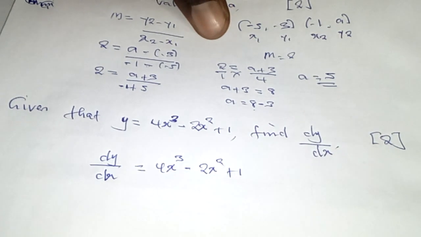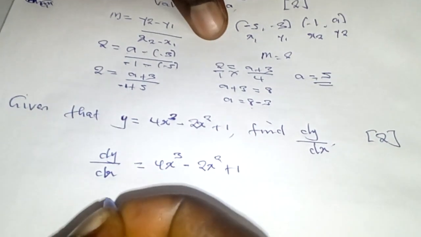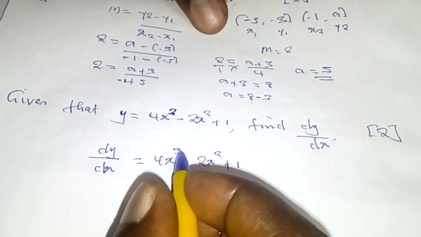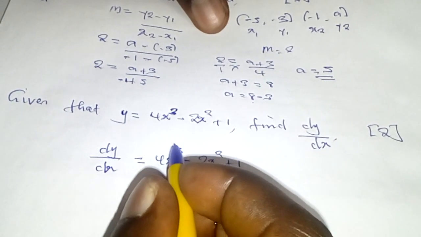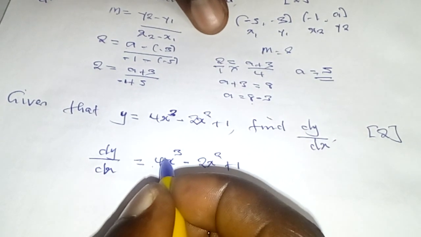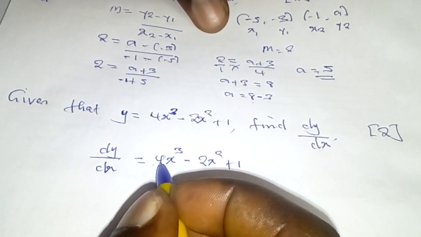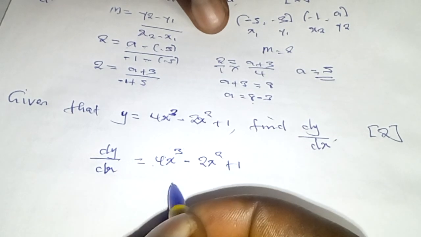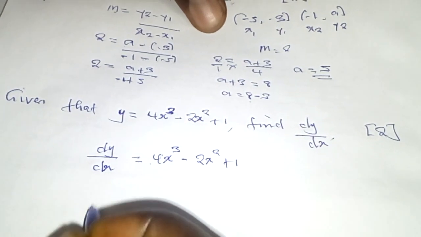When we are differentiating, we write the power in front of the coefficient and we multiply, then we reduce the power by 1.